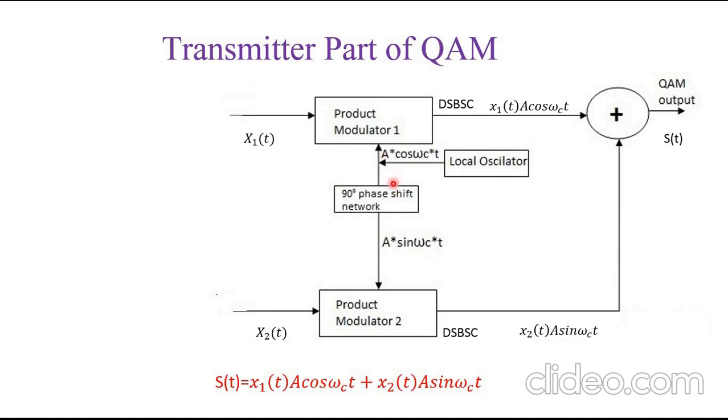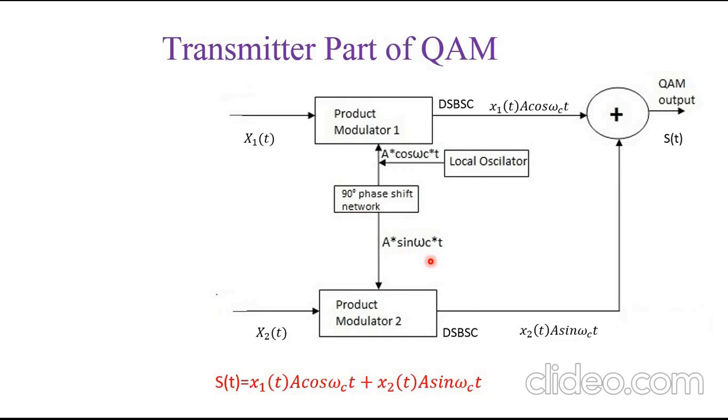If I add a 90-degree phase shift, then my signal will be A sin omega c t, because of the 90-degree phase shift being provided.